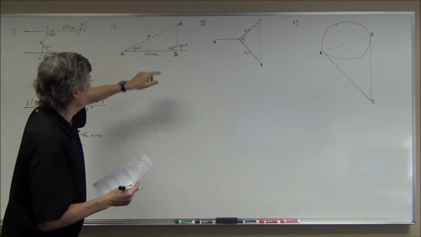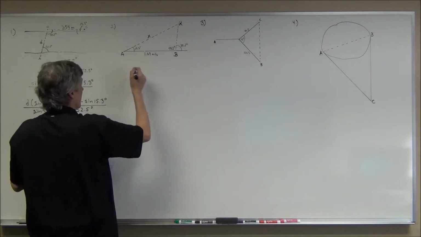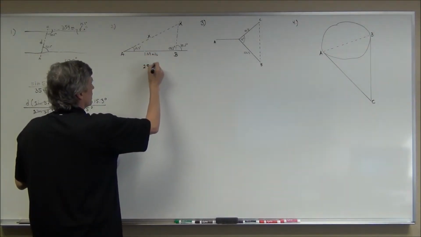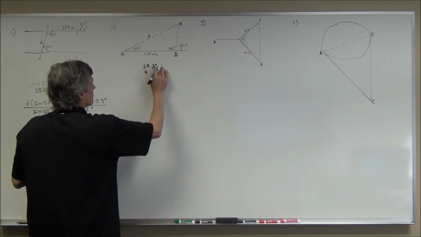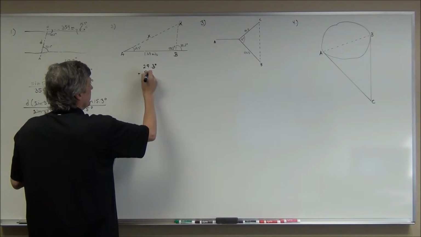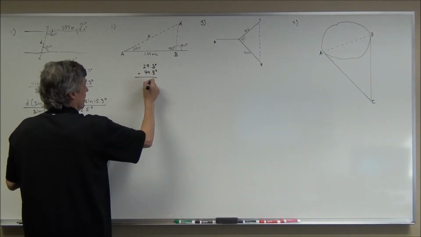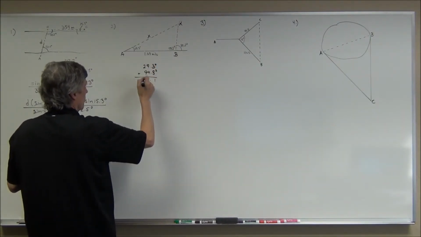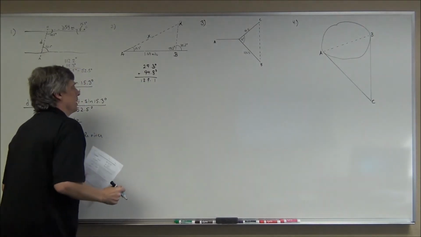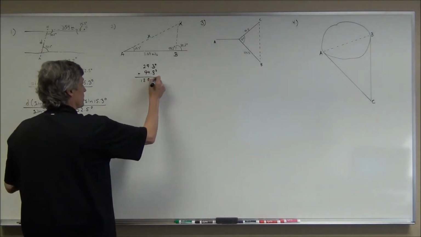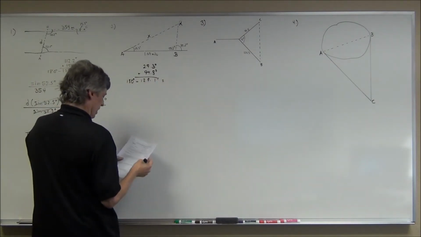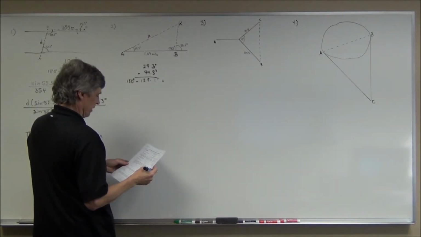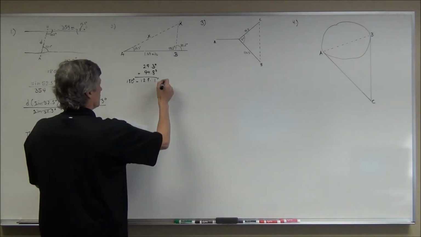So I add these two together, just like in the last problem, 29.3 degrees plus 99.8 degrees, looks like 129.1 degrees, and then I subtract that from 180 degrees, and when I did this the first time, I got this to be 50.9 degrees.